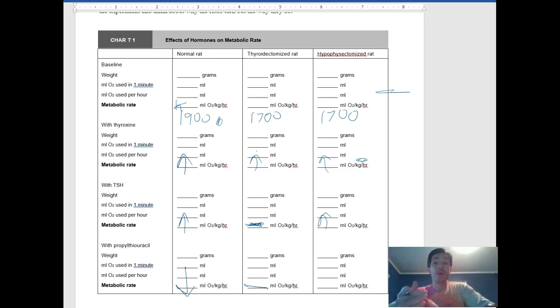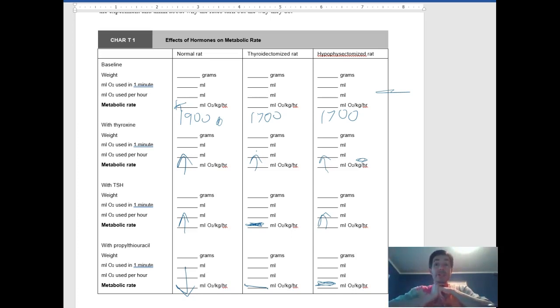It is without a thyroid gland, so it is without thyroid hormone, so you can inject it with thyroid hormone inhibiting drugs and it's not going to have an effect. And then the same thing here, we should see no change in the hypophysectomized rat, because without TSH, the rat is effectively without a thyroid. It is not functioning at all.